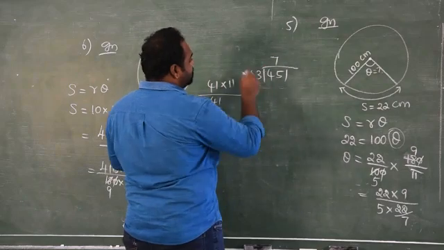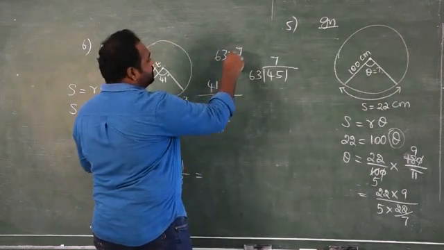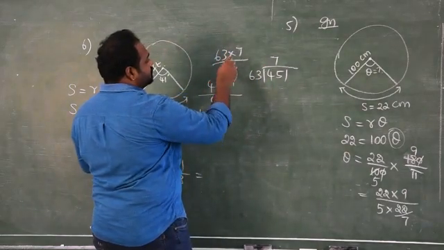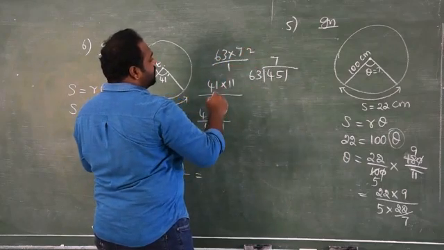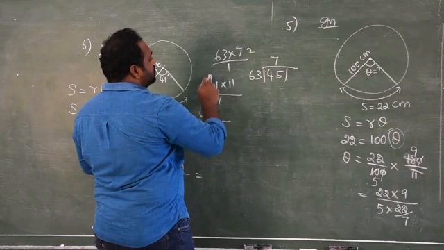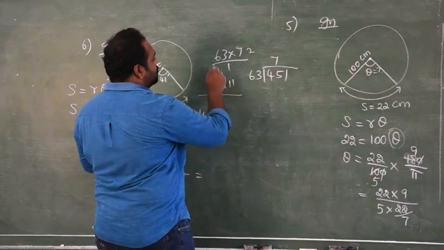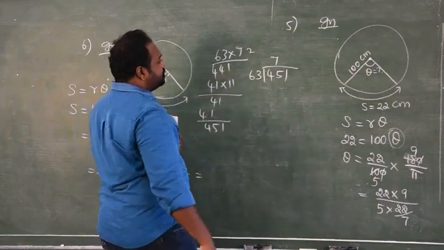Seven times, 63 into 7: 3 into 7 is 21, remaining 2; 6 sevens are 42, 44.